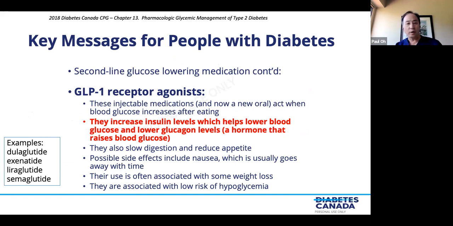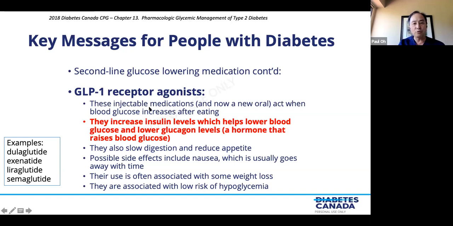One other newer category of medicines are these glucagon-like peptide receptor agonists. Medicines like dulaglutide, exenatide, liraglutide, semaglutide. You'll see that they all end in tide.